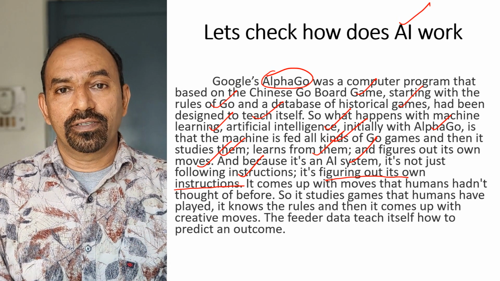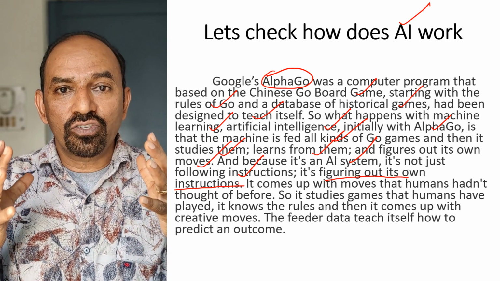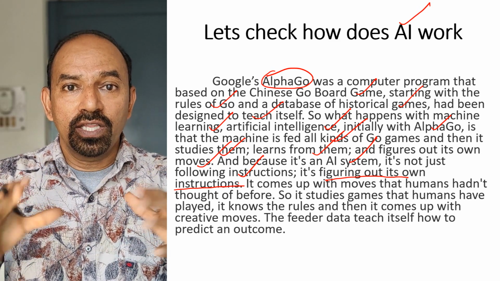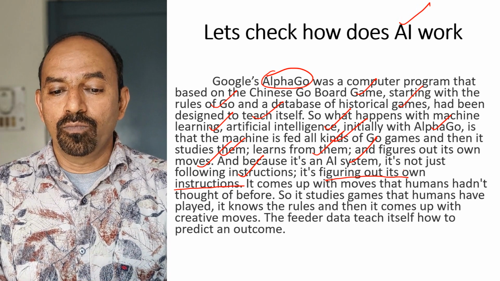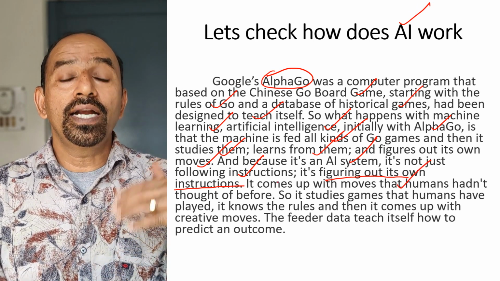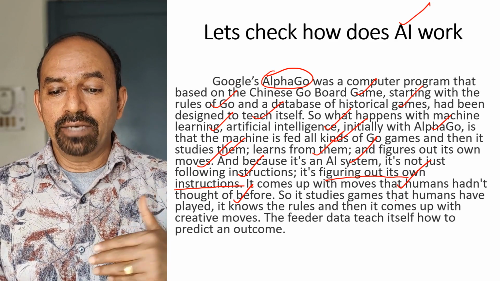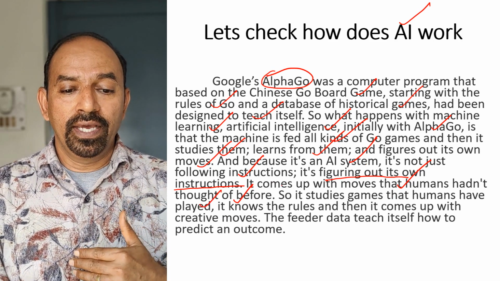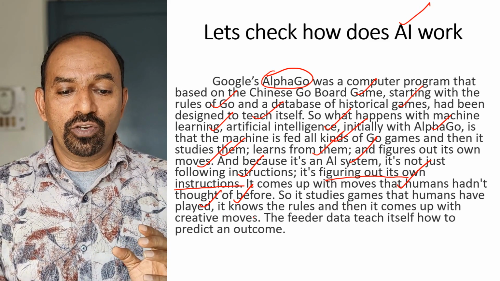This is the difference. AI can produce its own instructions by analyzing the already fed data. It comes up with moves that humans hadn't thought of before. So it studies games that humans have played, it knows the rules and then it comes up with creative moves.